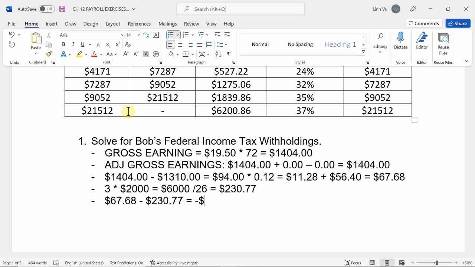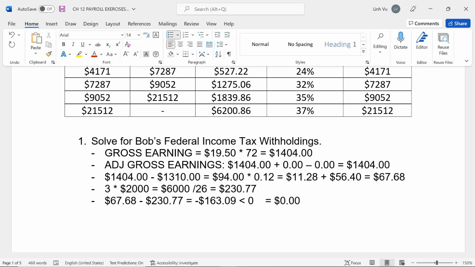So in this case, what was the exact number? It's negative $163.09. Because of the rule in the Circular E table, if this is less than 0, which in this case it is, that means your total federal income tax becomes 0.